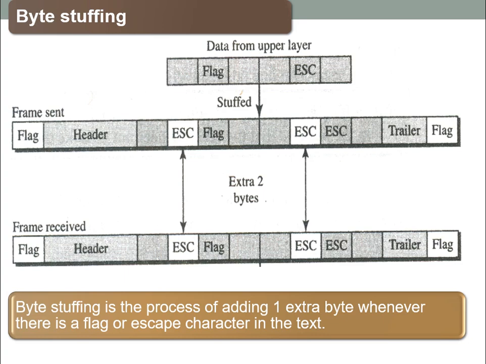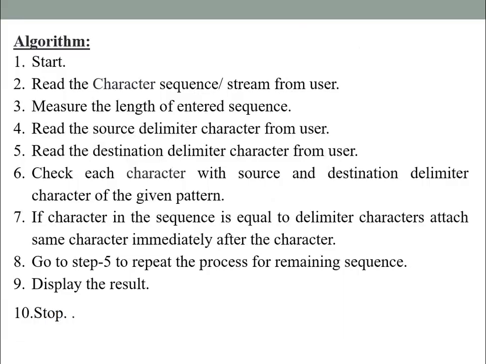I can add a flag or an escape character in my text just to differentiate the frames. In the program we will see how we differentiate and how we add an extra character. Fine. Next comes the algorithm.